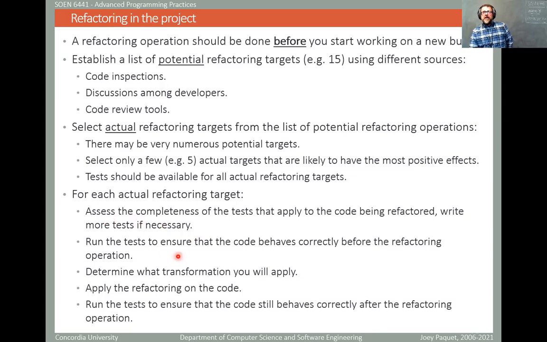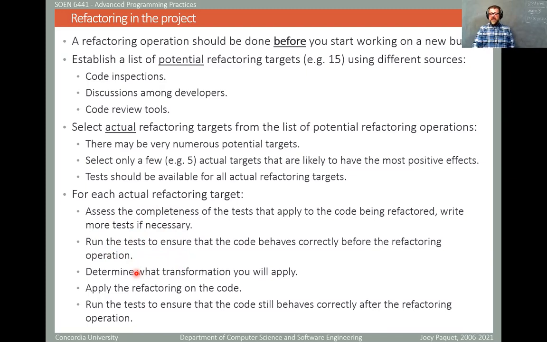So after you have all the necessary tests, first you run the tests to prove that before the transformation it works correctly. Then you determine the transformation that you will apply. Then you apply the transformation and run the tests again. Okay?